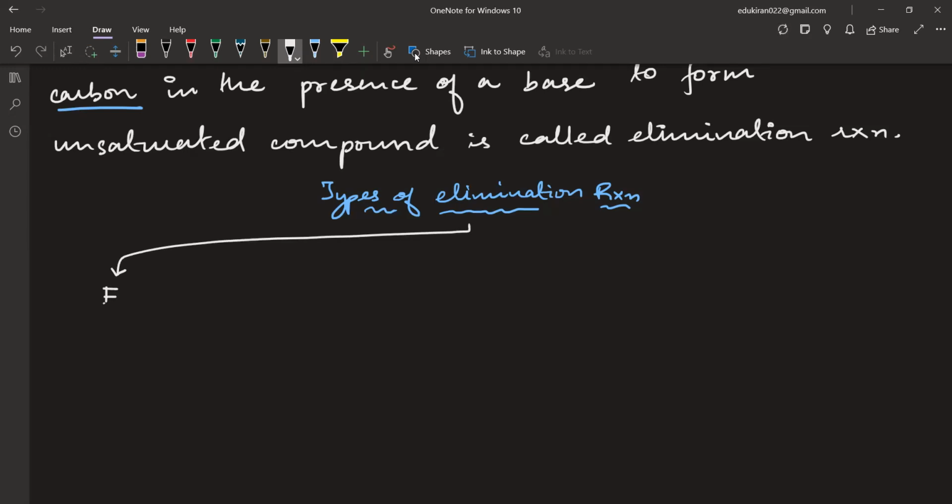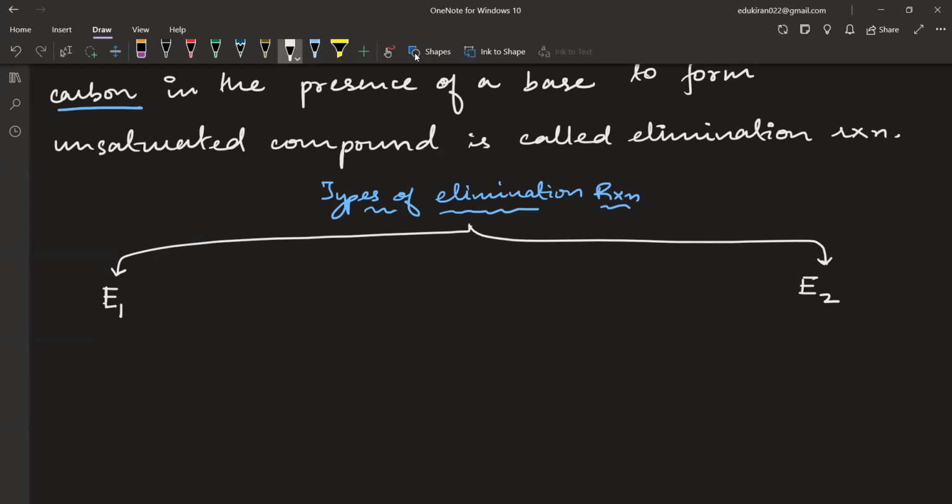One is E1. The other is known as E2. In E1 elimination reaction, it happens in two different steps. This is two-stepped, and E2 is what? It is single step.